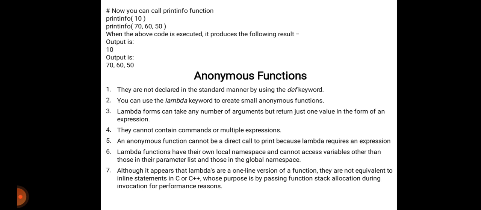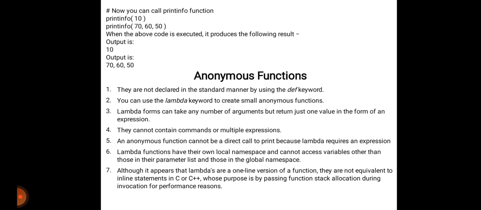An anonymous function cannot be a direct call to print because lambda requires an expression. Lambda functions have their own local namespace and cannot access variables other than those in their parameter list and those in the global namespace.